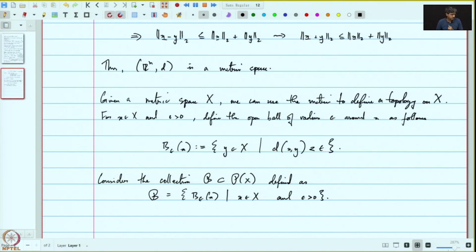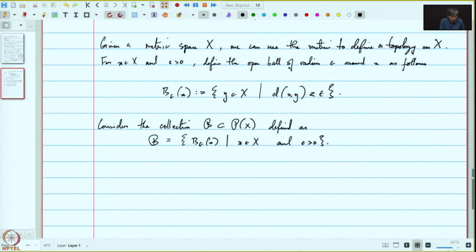Okay. So it is easily checked that B satisfies the two conditions for being a basis.